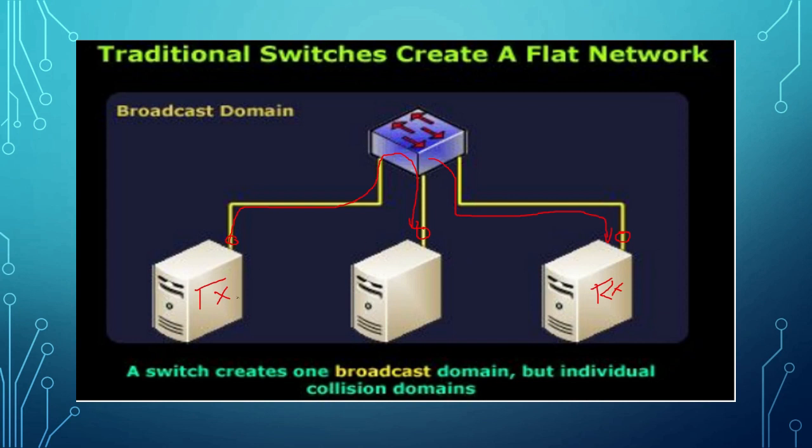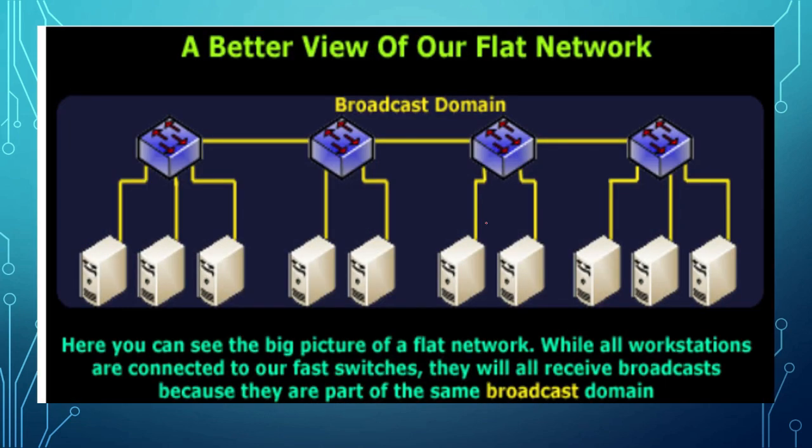So in certain traditional switches, each one of them has its own broadcast frame. They will send over the network. So what if our network grows bigger? Here, this is PC1, this will be our transmitter, and this one is our receiver, or RX.